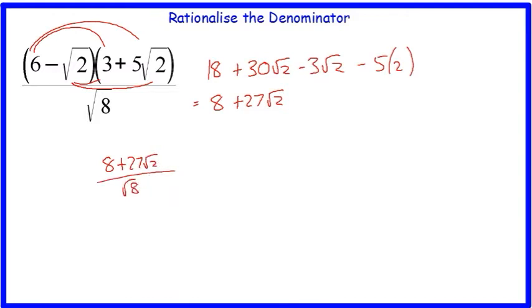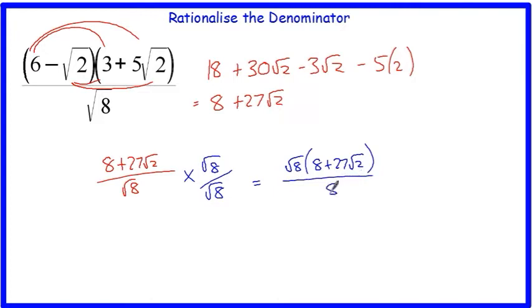So I will then multiply that by root 8 over root 8, which gives me, top line is root 8 times 8 plus 27 root 2, all over, that disappears to give me 8.